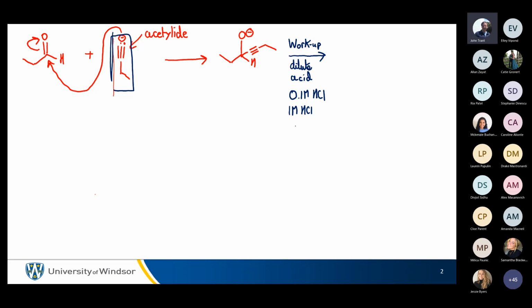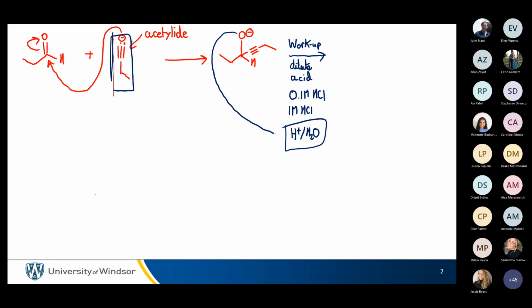And that's often just shown, and I'm just going to use this simplification, acid in water. I'm not saying if it's HCl, I'm not saying if it's nitric acid. It wouldn't be nitric acid. It might be HCl, it might be sulfuric acid, it might be trifluoroacetic acid, it might be ammonium chloride. There are lots of different things it can be. It doesn't really matter what they are. They're all just sources of H+.